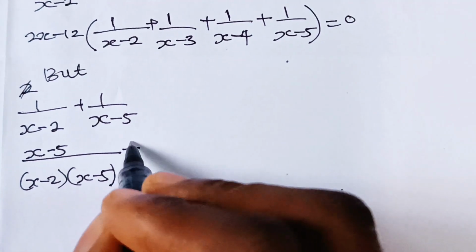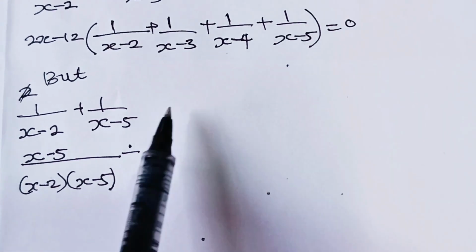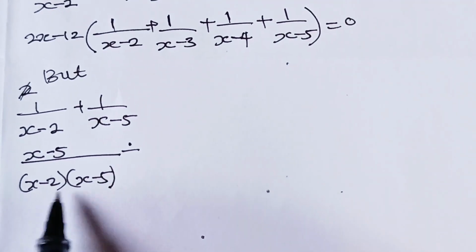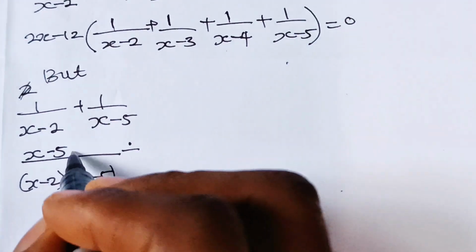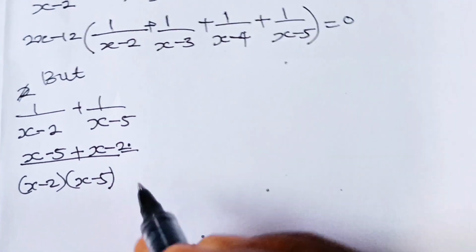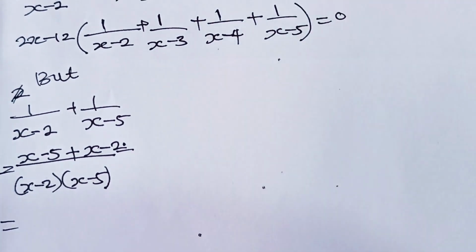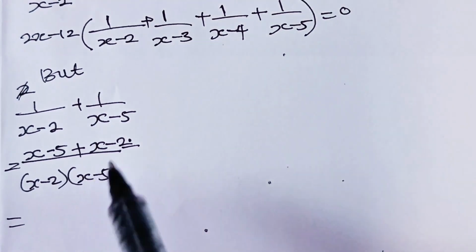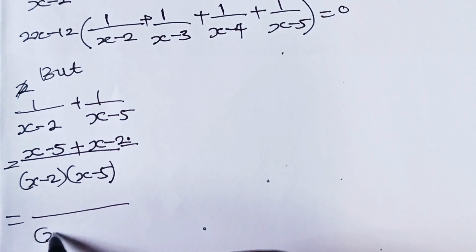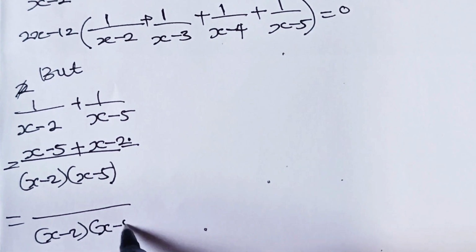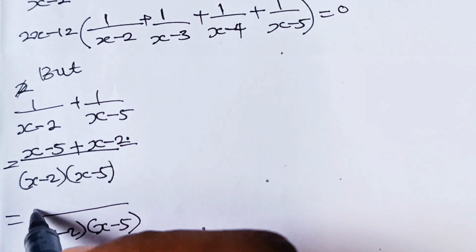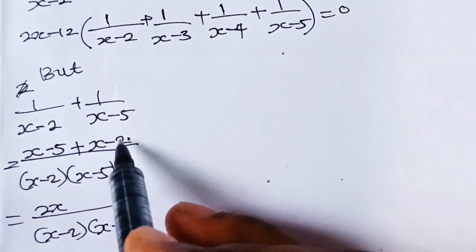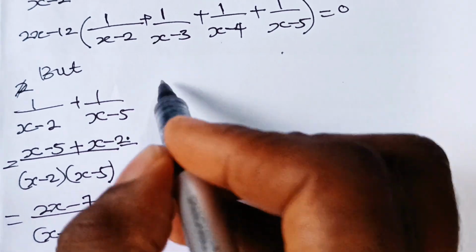Plus, oh sorry, what am I doing? When this divides this, we have x minus 2. So x minus 2 times 1 will still give us x minus 2. Now this is equal to x minus 2 bracket x minus 5. Now x plus x will give us 2x, and minus 5 minus 2 will give us minus 7.